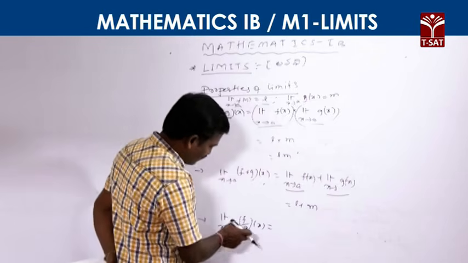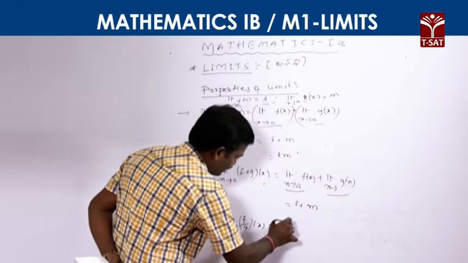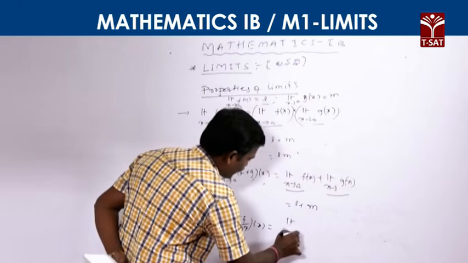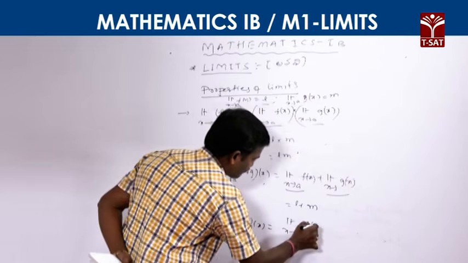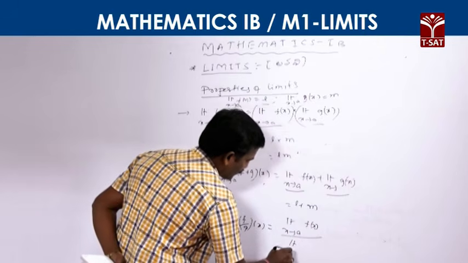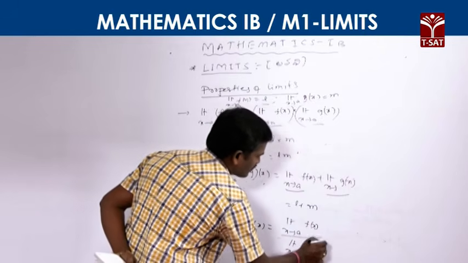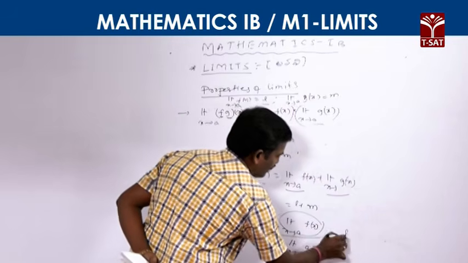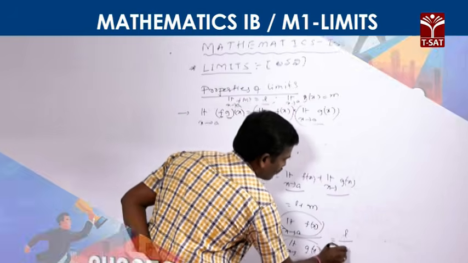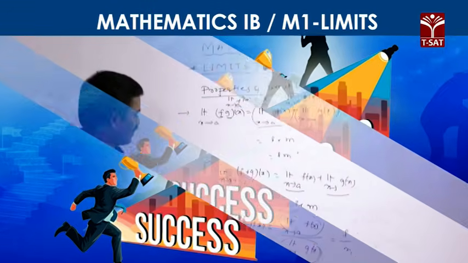Limit extends to a of f(x) by limit extends to a of g(x). The numerator answer is L, this answer is M. So L by M. So these are the main important properties.